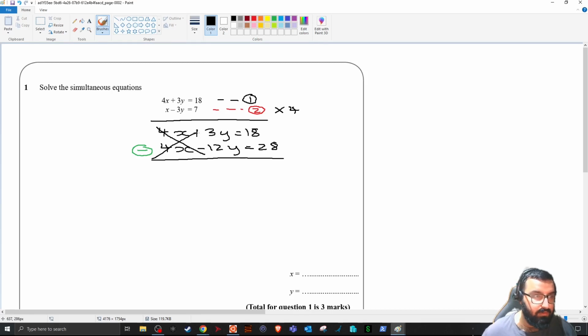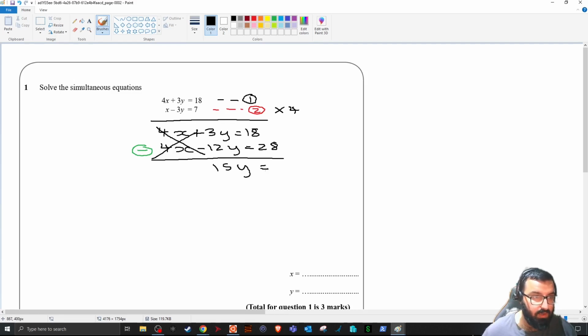We have plus 3y minus 12y, because we have another minus here along with the 12y. So 3y minus 12y, by which two minuses make a positive, is going to equal 15y.